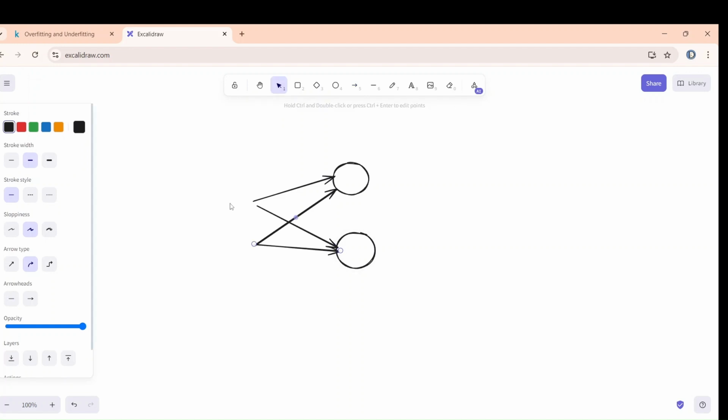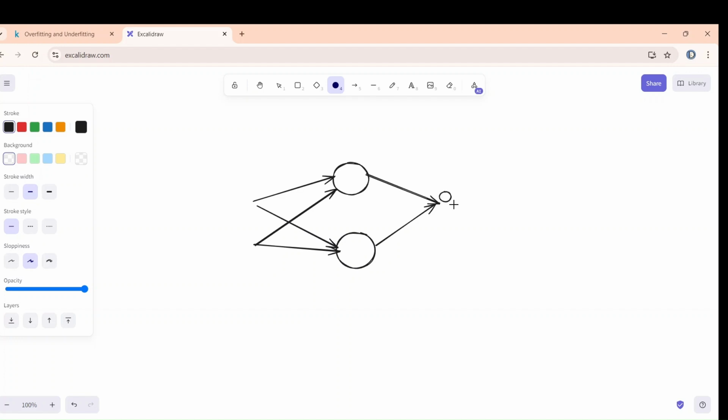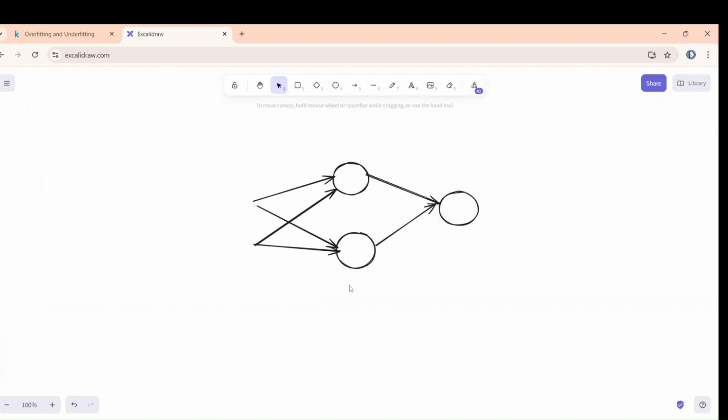Maybe this is x1, this is x2, and these are two neurons. And now there is an output layer. So if I ask you how many dense layers do we have? One input layer and one hidden layer. And the output is not considered a layer anyway. So two layers.